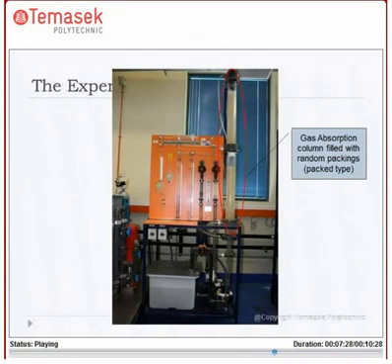You will see that the gas absorption column is filled with random packings. The presence of the packings will cause the gas and liquid streams to flow in a random manner, encouraging more intimate contact between the gas and liquid phases. This will allow more opportunity for carbon dioxide to be absorbed into the liquid stream, resulting in a higher gas absorption rate.